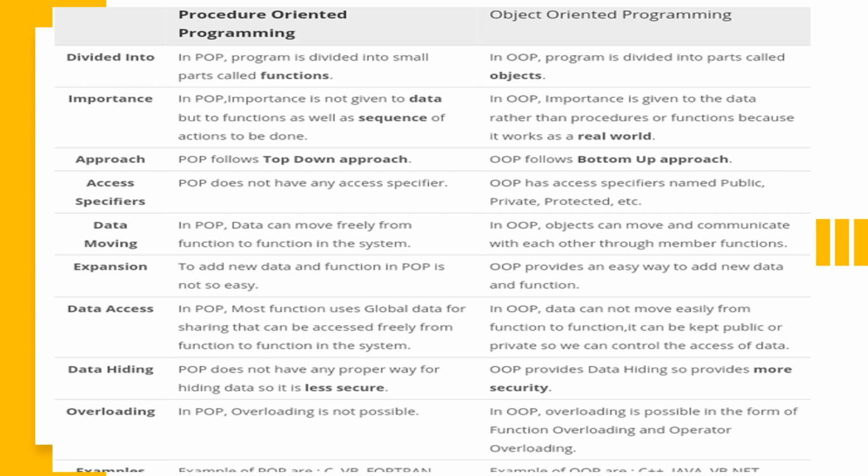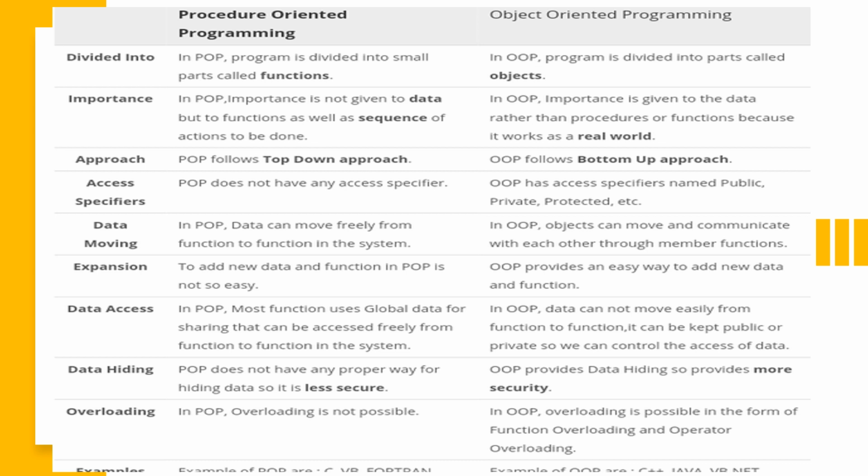The next difference is based on the approach. Procedure oriented programming follows a top down approach. If you have written C programming, you know the first thing you write is the main function, then the other functions, and execution starts from the main function. So it is a top down approach. Here, first we have the class, then the instance variables, then the functions, then the main method. So that's why it is a bottom up approach.